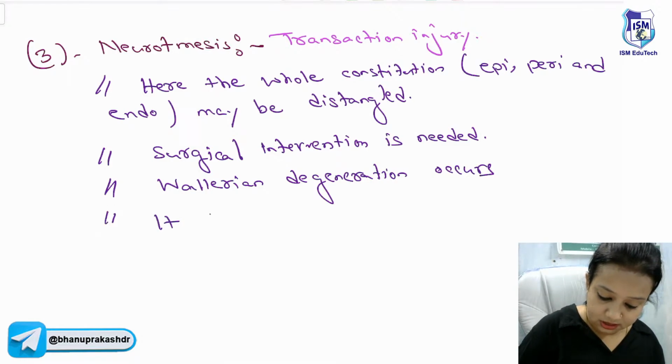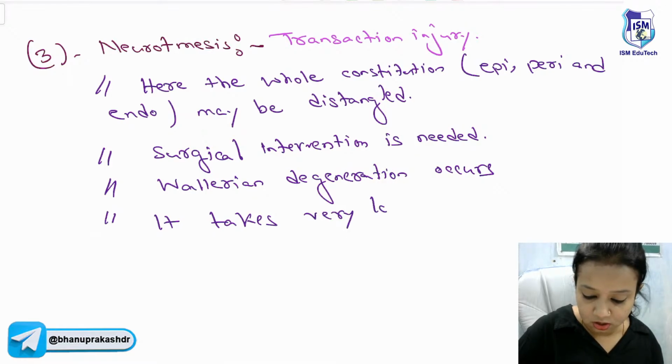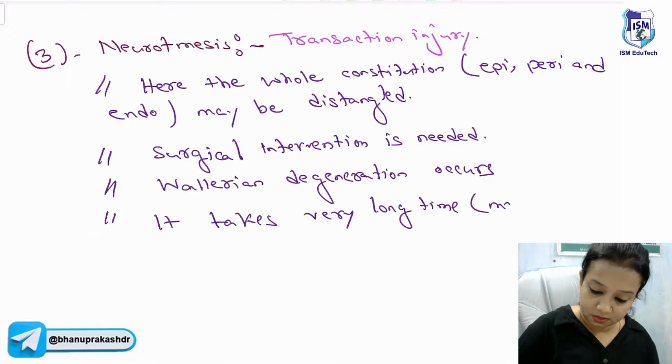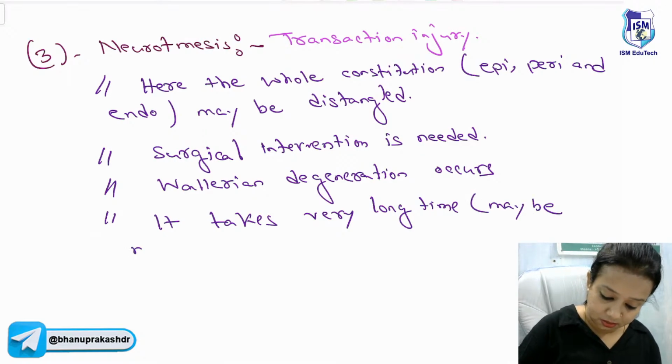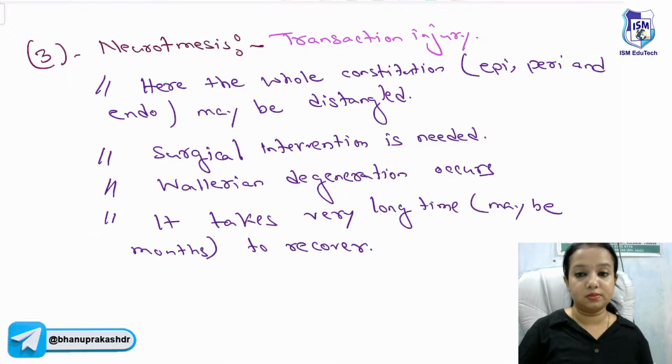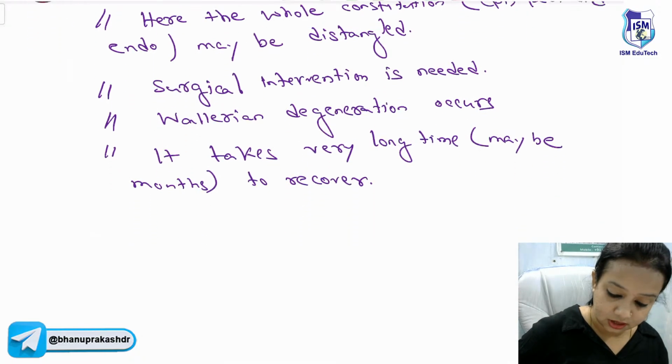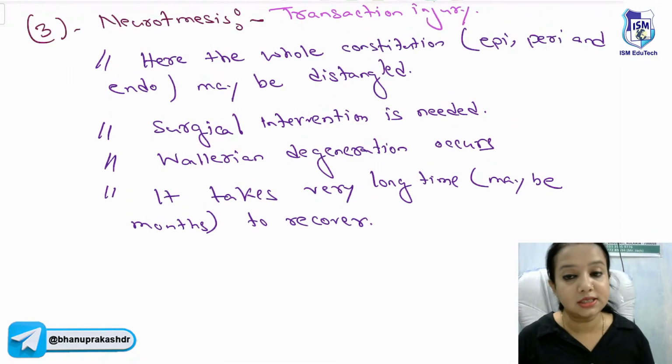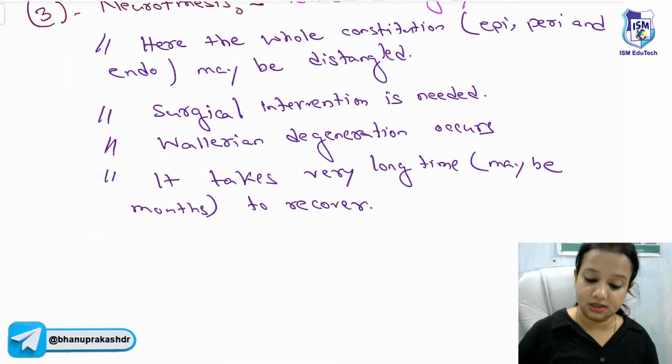Now, it takes a very long time, maybe months to recover. Okay, these are the types of nerve injury classification according to Seddon.